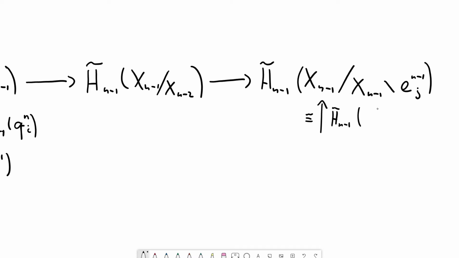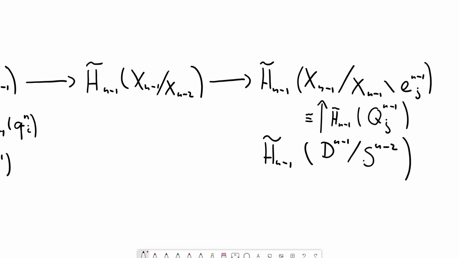of, this should now be the characteristic map of the cell j, and it's an (n-1) cell, so this should be the right notation. And this now starts in the (n-1)st reduced homology of the (n-1) disk, mod out the boundary sphere, which is an (n-2) sphere. Okay, so far so good.